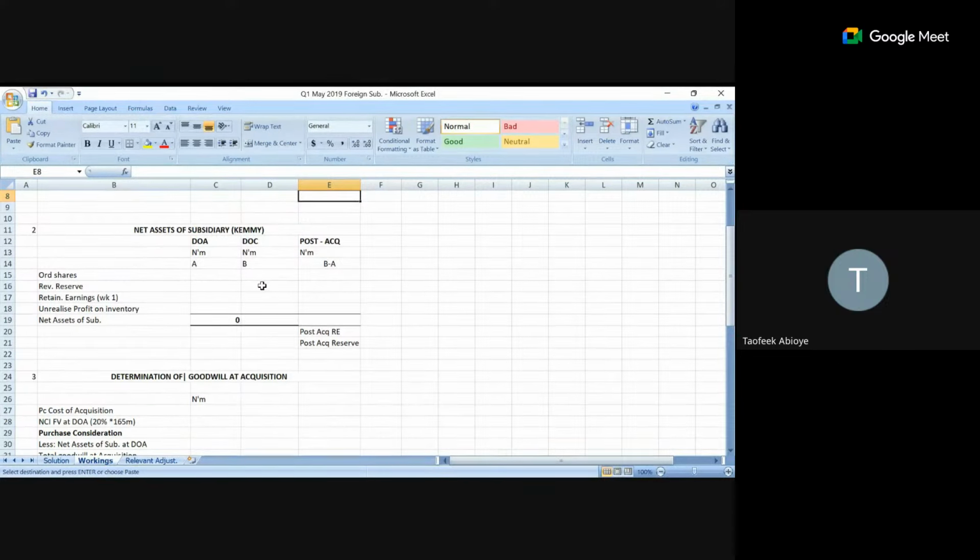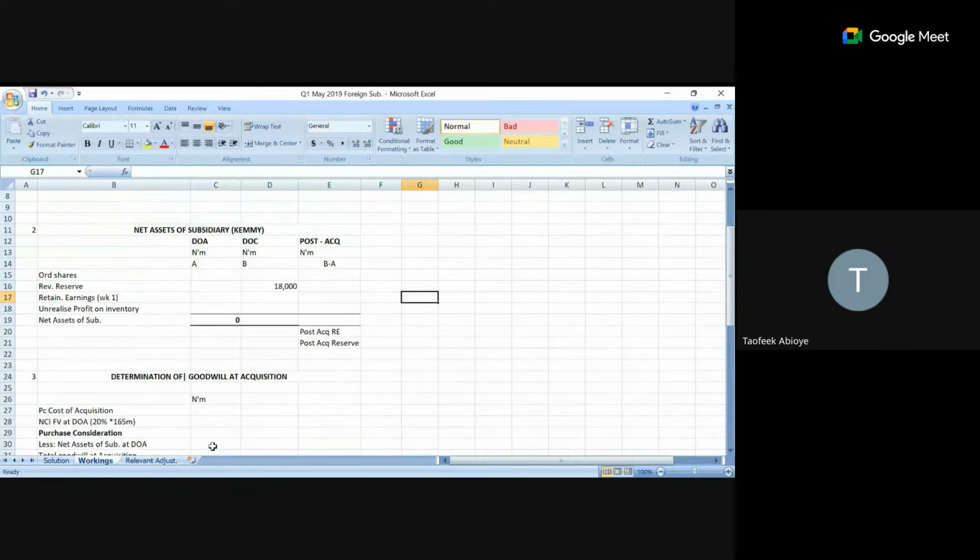Is it as a DOA or DOC? That 18,000, we are taking it to DOC. So is that not our reserve? Yes, 18,000.